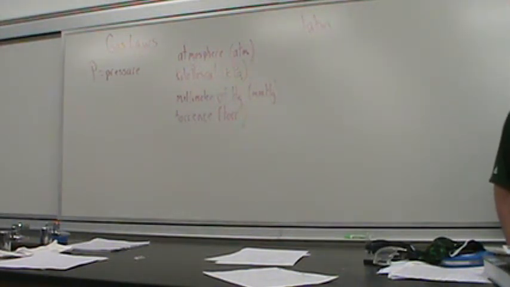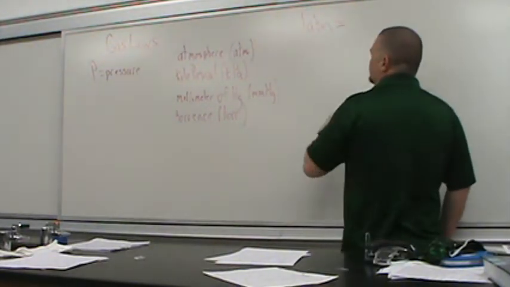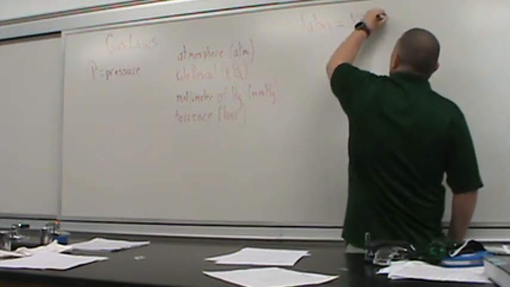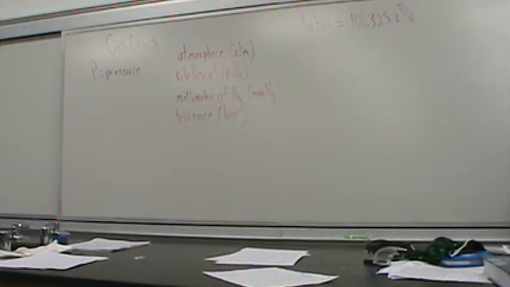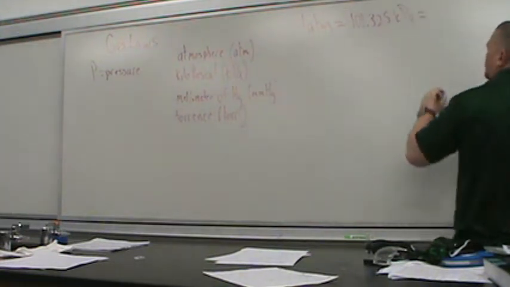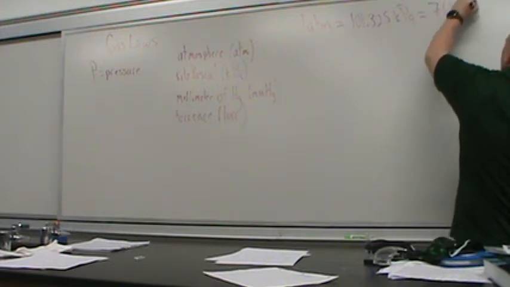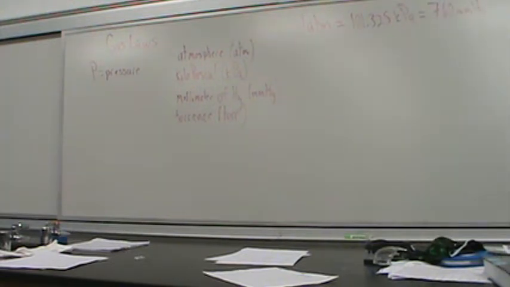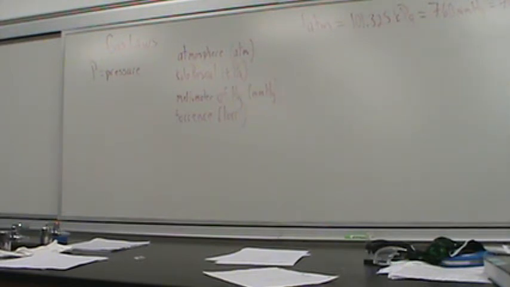So 1 atmosphere equals 101.325 kilopascals, which is also equal to 760 millimeters of mercury, which is also equal to 760 torr. All 4 of these are equal to one another.